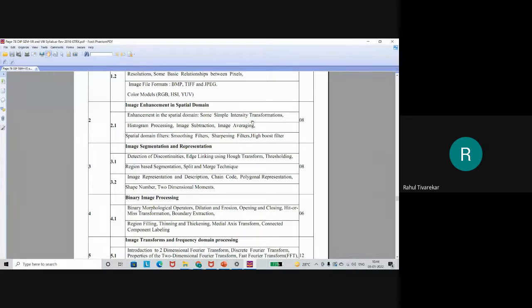The contrast of an image means how black and white color differ from each other. All those things we will be learning in the second module. We'll also be learning image subtraction and image averaging operations. We'll also be learning some spatial domain filters, which we have basically seen in the workshop that we had earlier. Low pass filter, high pass filter, where the image will look more blurred or more sharp.